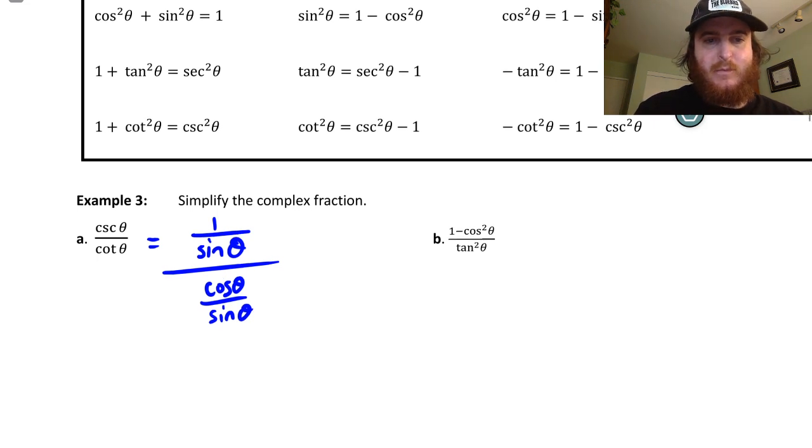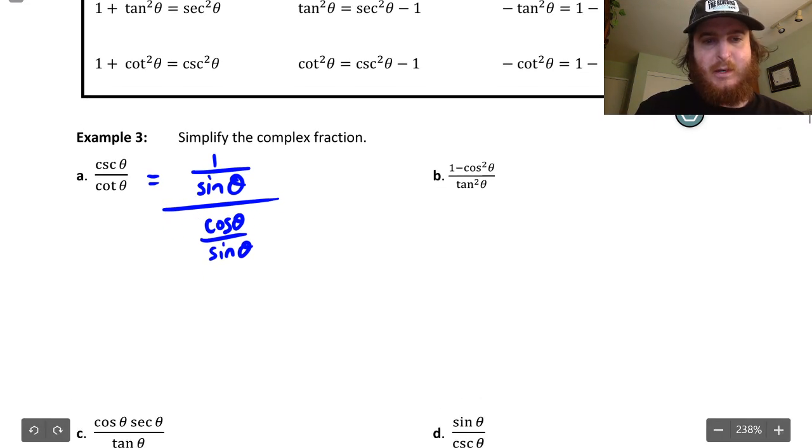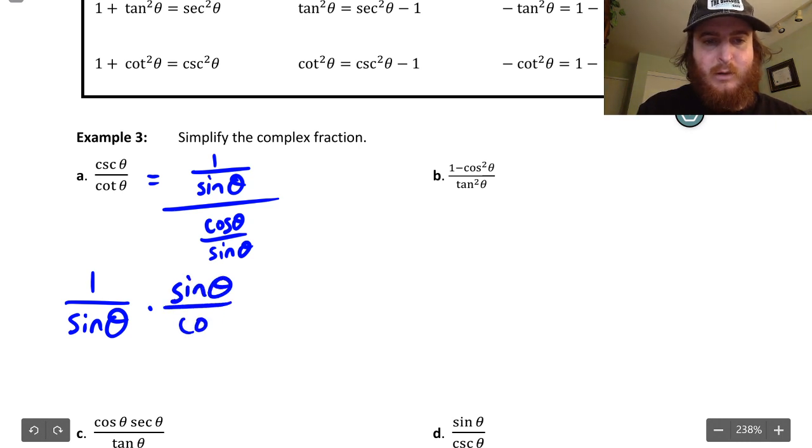And if you're really good at these, there's a trick where we multiply both sine theta and sine theta. We'll get there, but for right now I'm just going to worry about how we did this. 1 over sine theta times the reciprocal, which will be sine theta over cosine theta. So we multiply by the reciprocal.